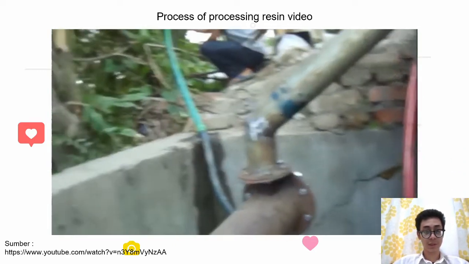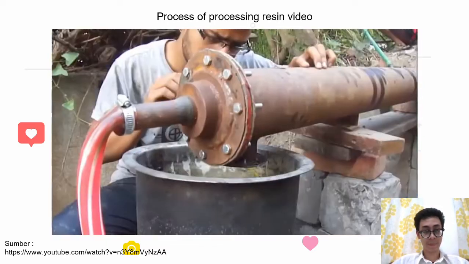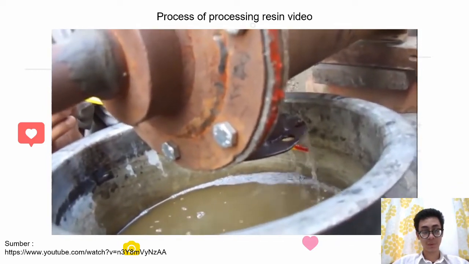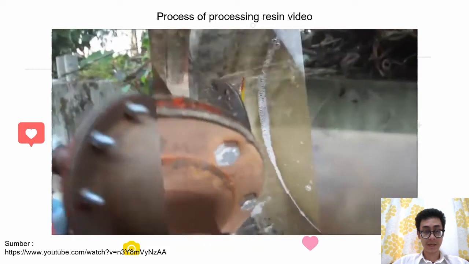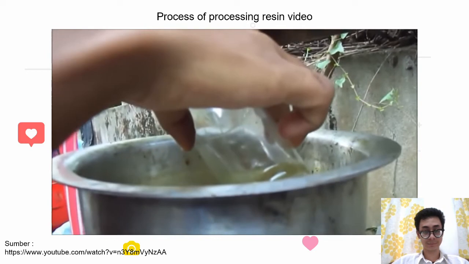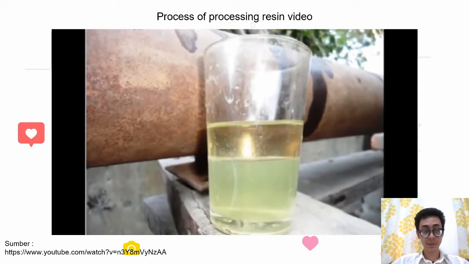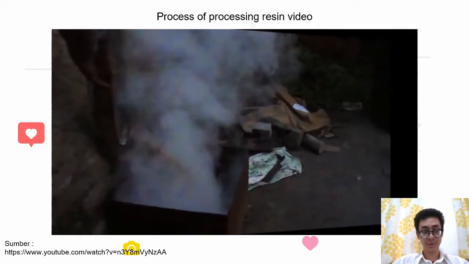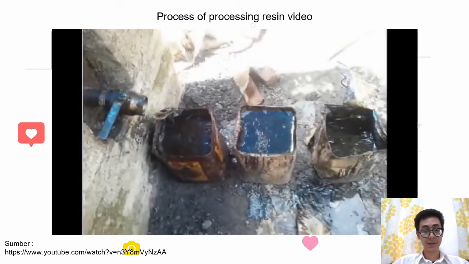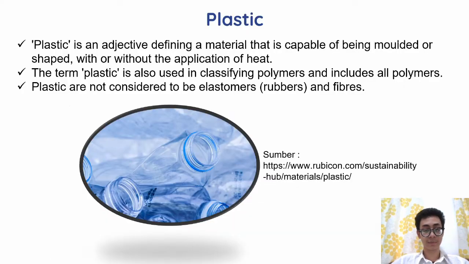This is the process of putting the boiled resin to the condenser so we can extract. The first thing we get is water and oil. The first layer is water and the upper layer is the oil. This is the water and this is the oil. Next we process again. The final result is what we call rosin.